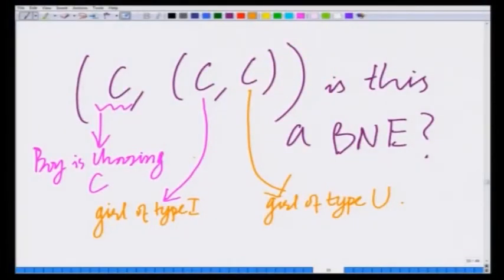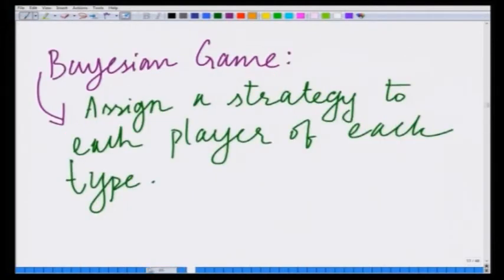For this to be a Nash equilibrium, CC of the girl has to also be a best response to C of the boy, which means the girl of type I should be playing her best response, and the girl of type U should also be playing her best response. Let us check if this is indeed the scenario.